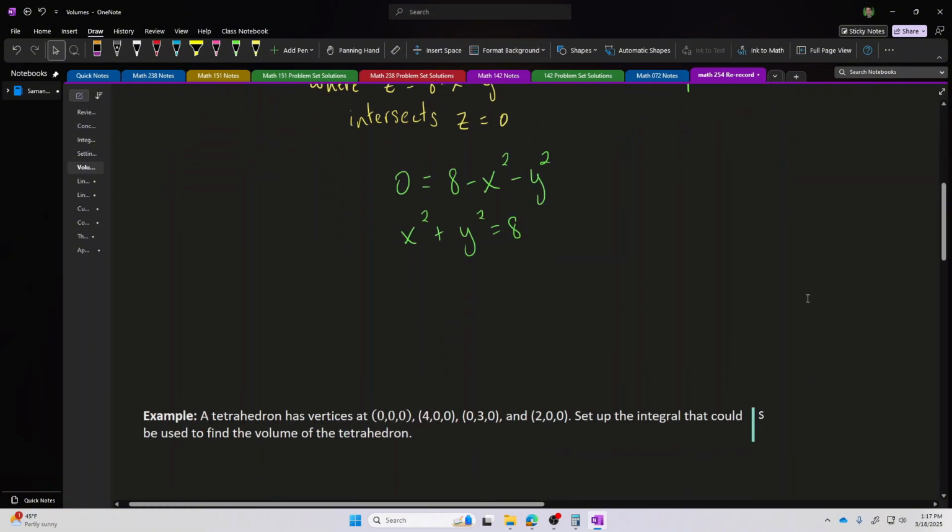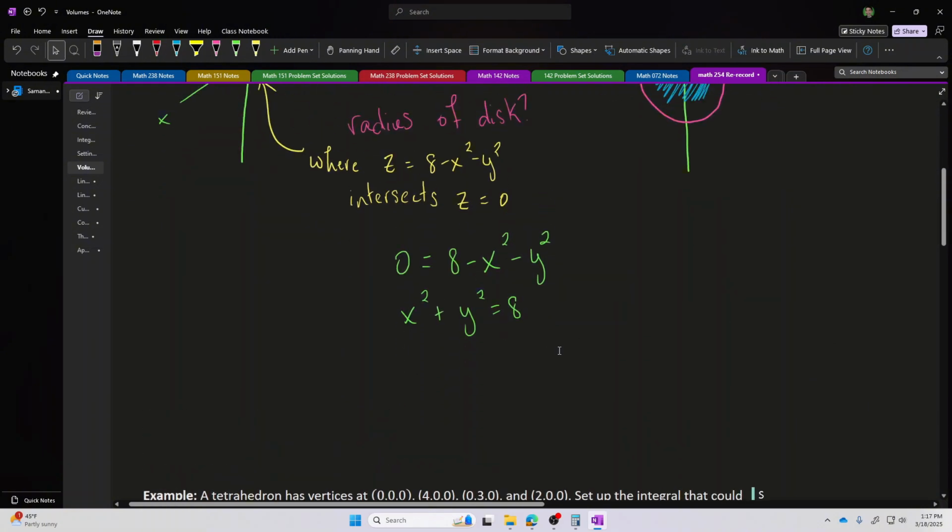And from this equation, I can deduce the radius of this circle. The circle's radius is the square root of 8, or put another way, 2 square root 2.